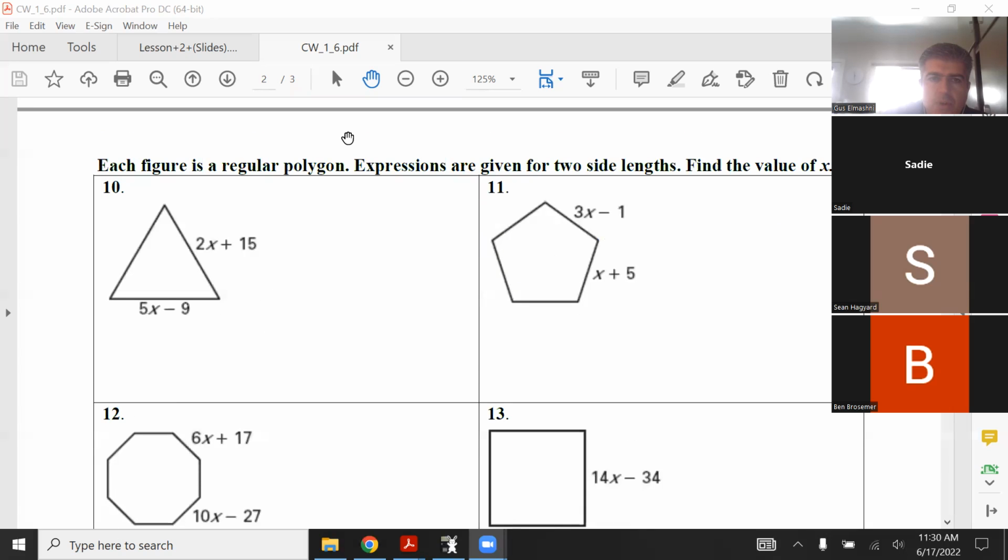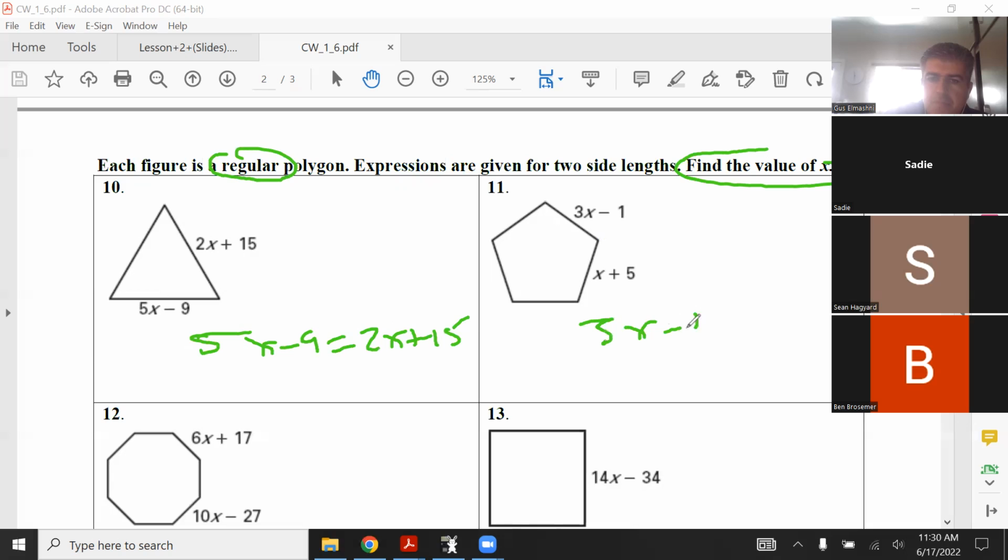Okay, so you're told all these are regular. You've got to solve for x. So all you're going to do is this. It's really that simple. I'm really terrible doing threes with my mouse. No highlighter. Yeah, here.